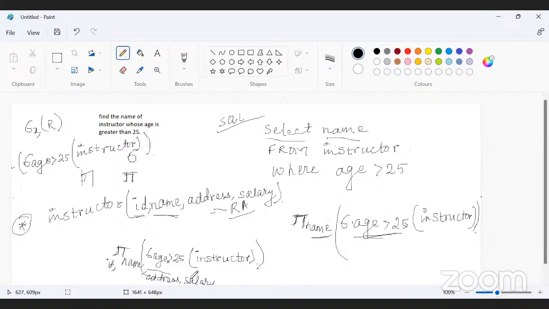And then the SQL query for that, can anyone tell? Find all the details of the instructor whose age is greater than 25.